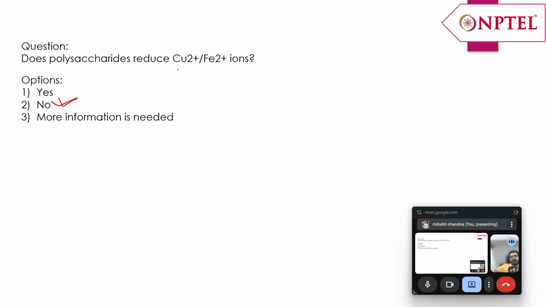By reducing Cu2 plus or Fe2 plus ions, I mean whether polysaccharides can be called a reducing sugar or not.